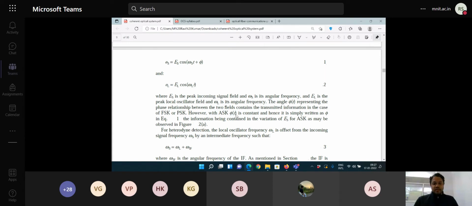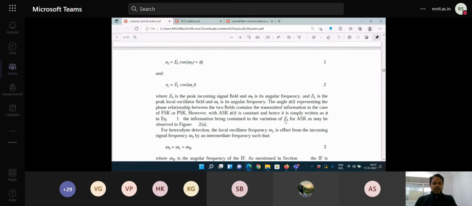In case of ASK, phi t is constant, and this can be written as phi. So phi t contains the information which was transmitted in case of FSK or PSK.